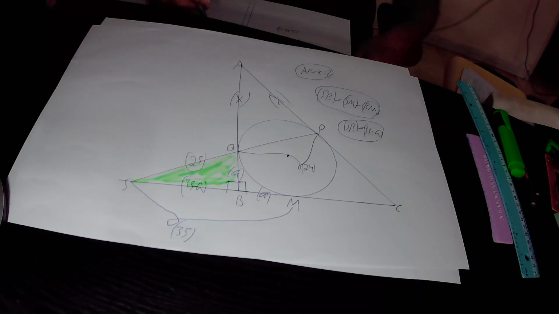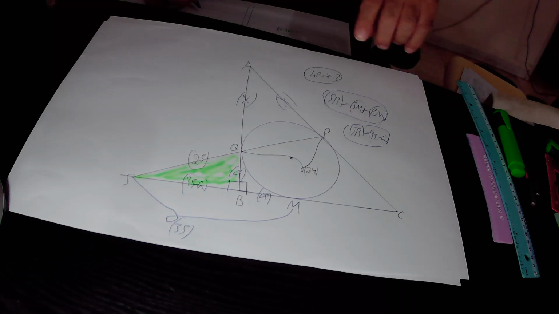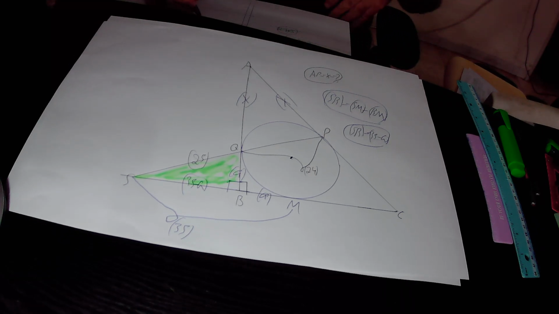QS is 25, therefore QS squared is 25 squared, that is 625. And it equals QB squared. QB is 8, therefore QB squared is 8 squared, plus SB squared. SB is 35 minus a, therefore SB squared is 35 minus a squared.